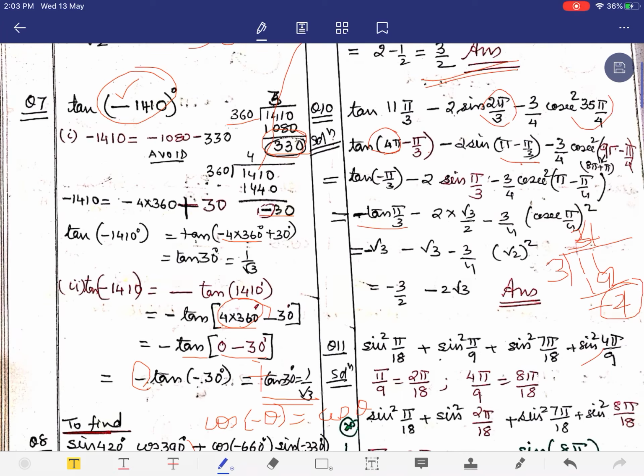Now, 35 pi on 4 is 9 pi minus pi on 4. 9 pi has 8 pi plus pi, it is not an even multiple. So we need to write it as a sum of an even multiple plus 1 pi. So that 8 pi plus pi makes it 9 pi, and 8 pi is equivalent to 0.